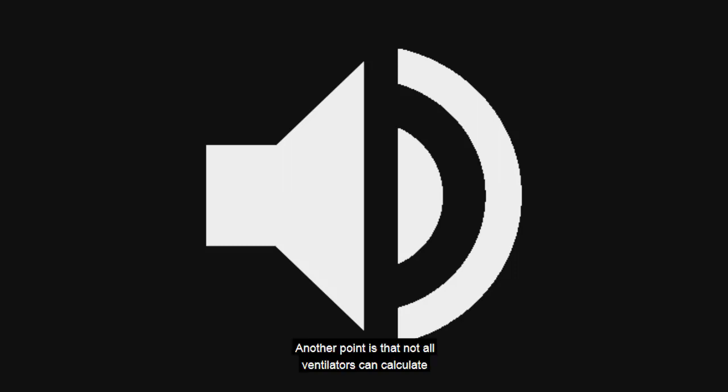Another point is that not all ventilators can calculate volumetric carbon dioxide production, so you need to make sure that your ventilator is capable of giving you VCO2, and this equation can only be used in ventilated patients. So we go back to other predictive equations once the patient is extubated.